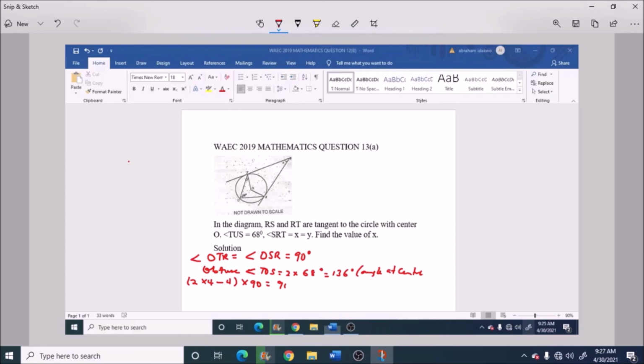That is the sum of interior angles of quadrilateral OTRS.